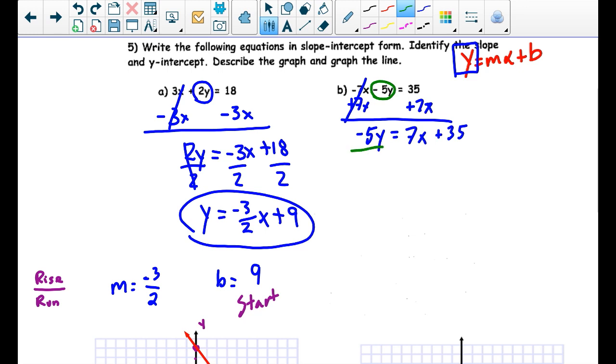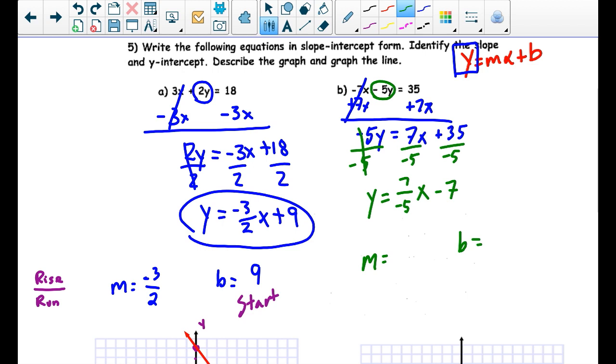Divide everything then by negative 5. So then y equals 7 over negative 5x. Doesn't reduce, so just keep it. 35 divided by negative 5, negative 7.